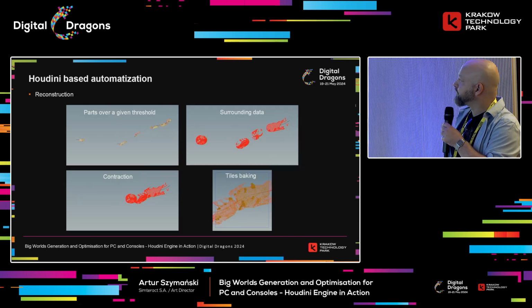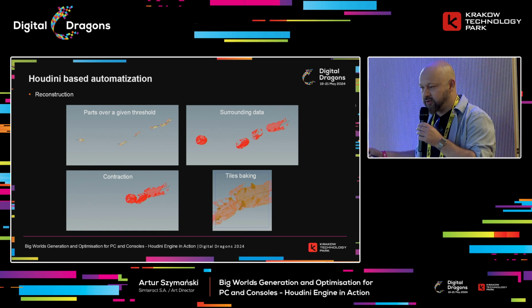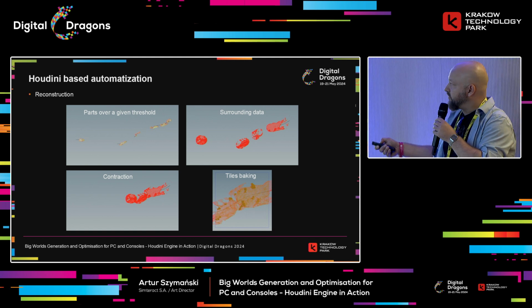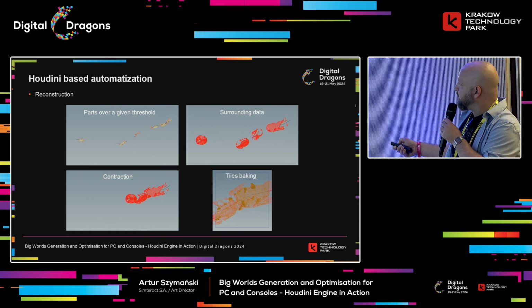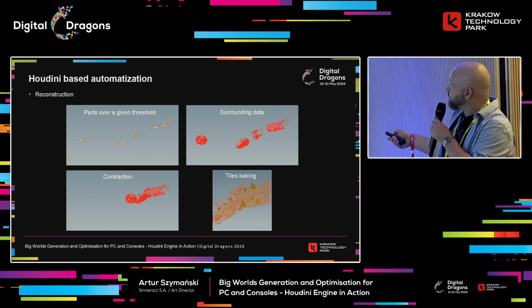And from this, we had a filtered part of tracks that we should leave unchanged, and then we could just contract those and sew together. And for every part, in Houdini, the surrounding data, for a given radius, was added.